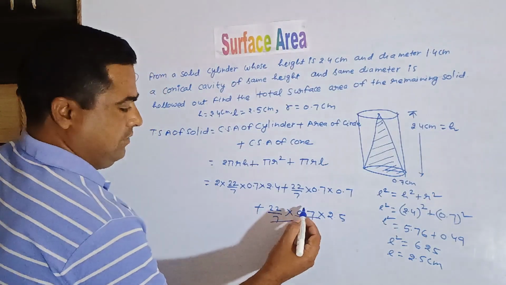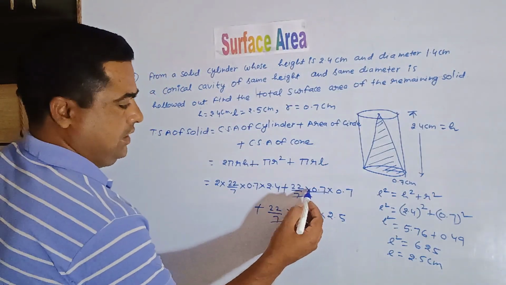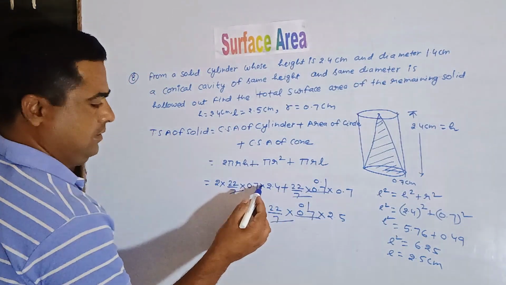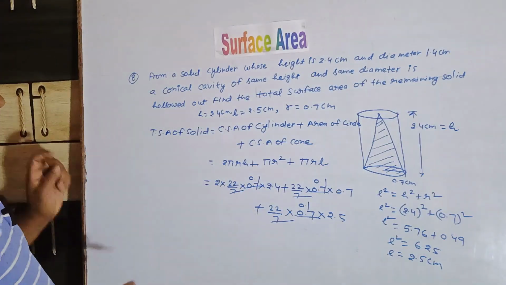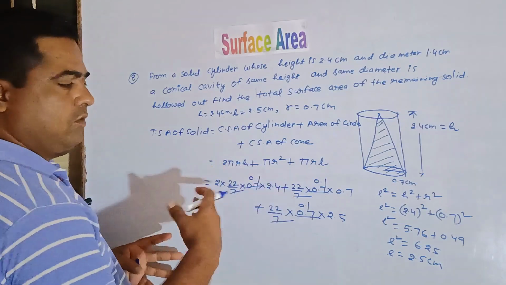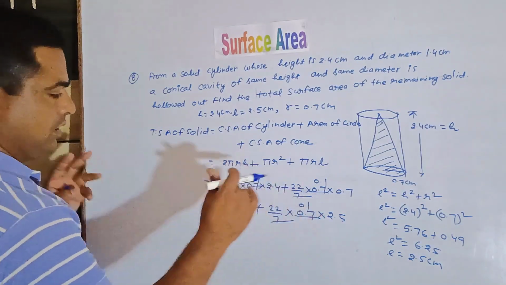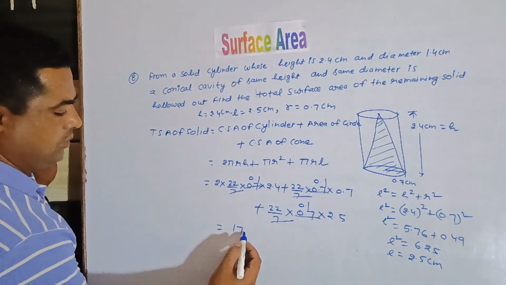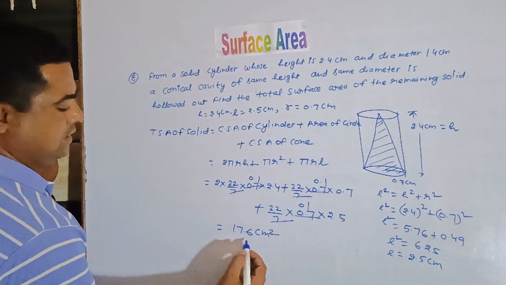Correct? We will multiply all the terms. When you add all, we will get here 17.6 centimeter square.